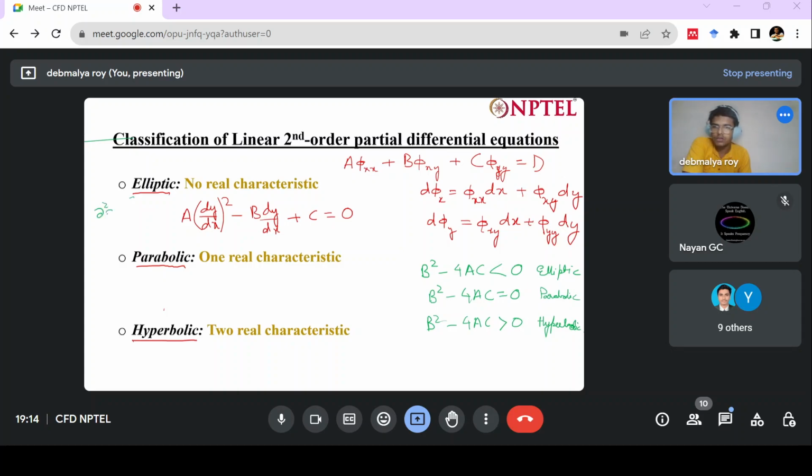The Laplace equation looks like this, and there are a few very strong features of it. One is that it is always a boundary value problem. We specify either the value of phi or the first derivative of phi at the boundary and solve this equation. So elliptic equations in general are boundary value problems, and they will have a domain in which we try to solve this.